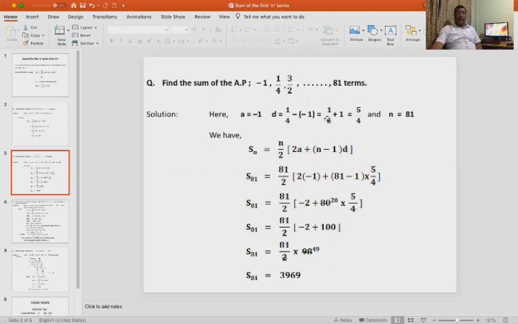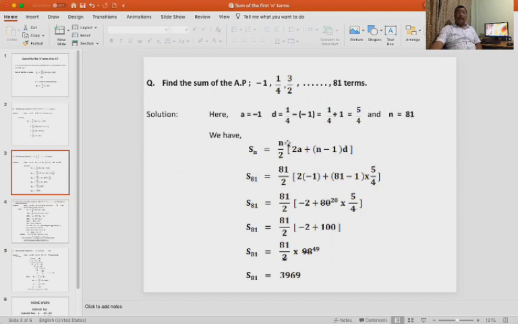Minus and minus is plus, so we have here 1, which is equal to, now again 4 into 1 is 4, plus 1 is 5, so we have here 5 by 4. Now n here is equal to 81, since we have to sum to 81 terms.